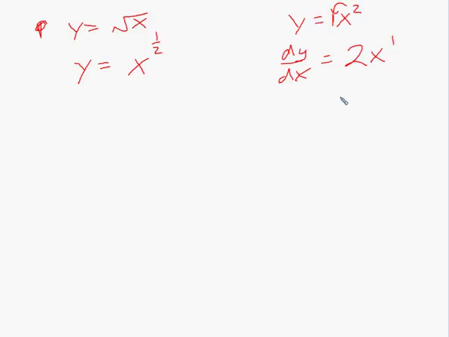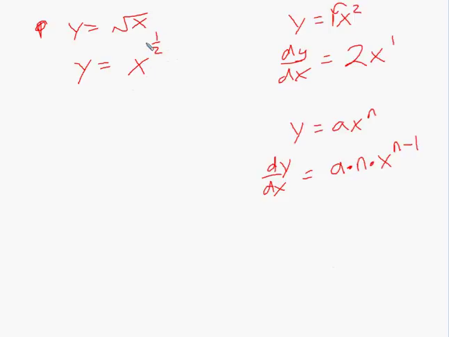That's the whole idea of the power rule. So if I have y equals a x to some exponent n, the derivative of that is going to be a times n times x to the n minus 1. That rule applies to this.